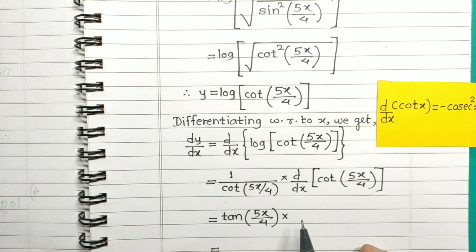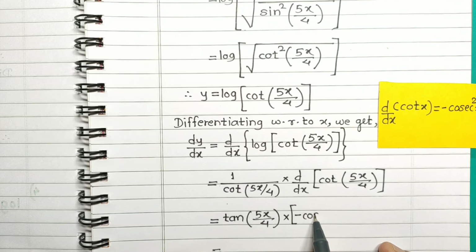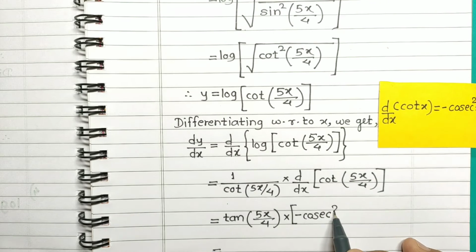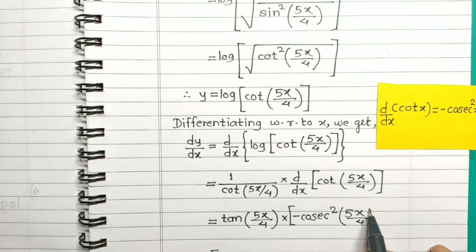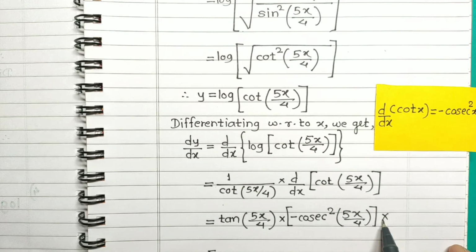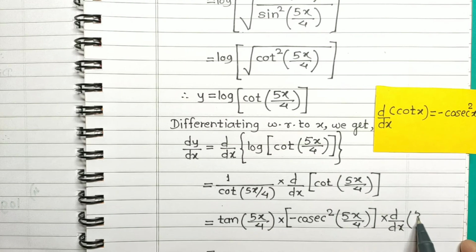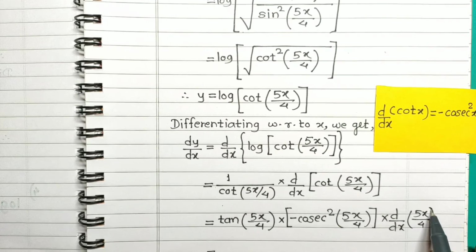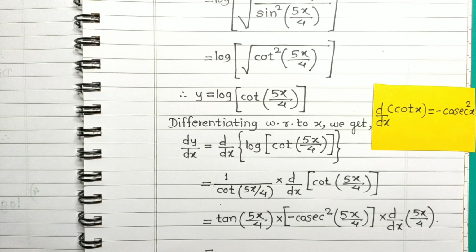So its derivative is minus cosec square of something, which is 5x by 4, and you multiply derivative of this something function, so it is 5x by 4. Again, we have used chain rule here.